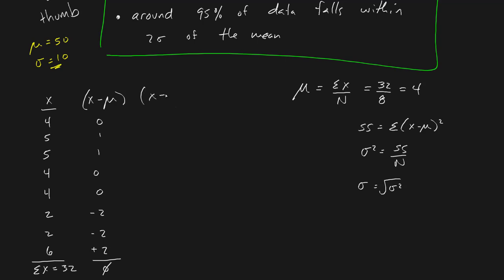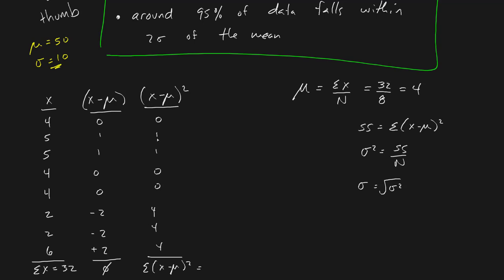We then square them, and so that's going to take care of the next part of this formula. So we square them. 0 squared is 0, 1 squared is 1. 2, whether it's negative or positive, 2 squared is 4. And when I add these up, I get the sum of my squared deviations.